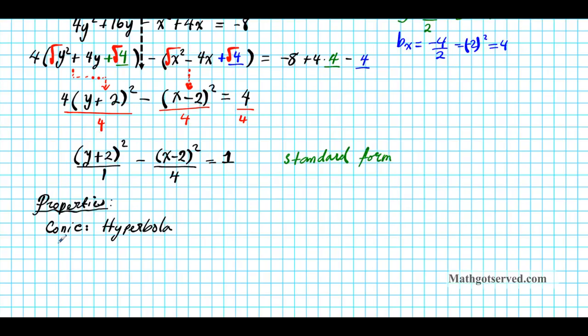Okay. Next thing we need to find out is the center, HK. Opposite of the number next to the x is +2, and then opposite of the number next to the y, -2. Now you have to be careful. You have to pay close attention to the variables, all right? X's do not always come first when you're orienting conic sections in standard form. So you have to be careful with that.